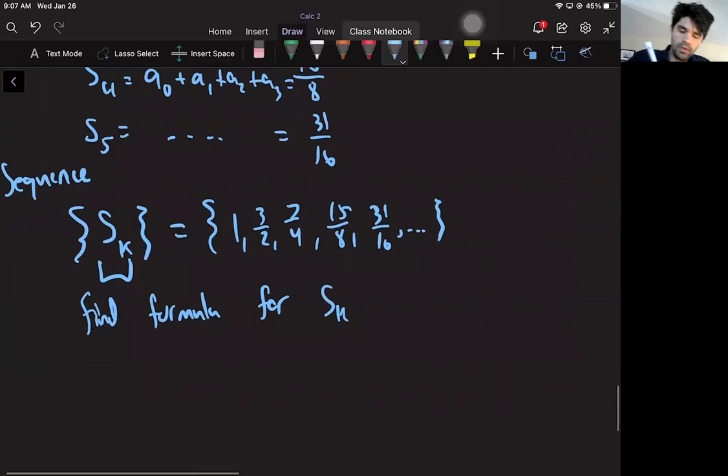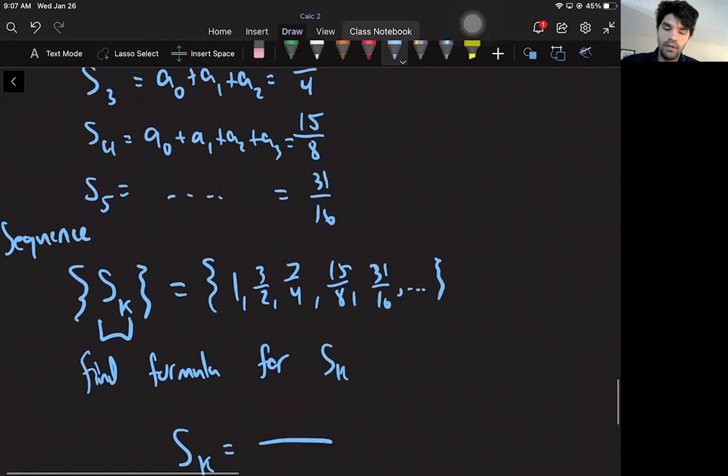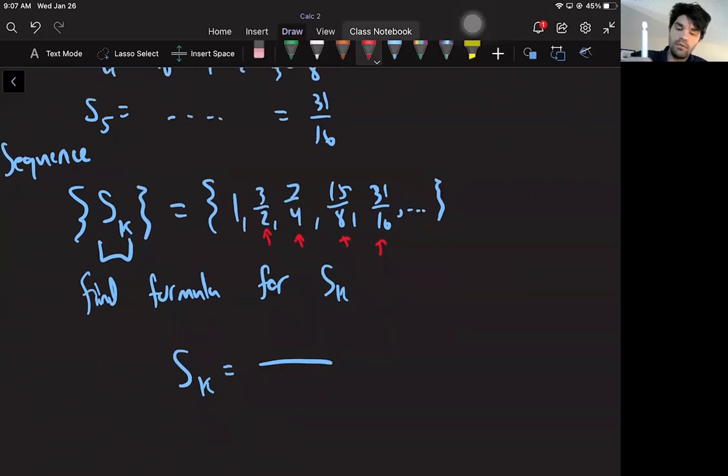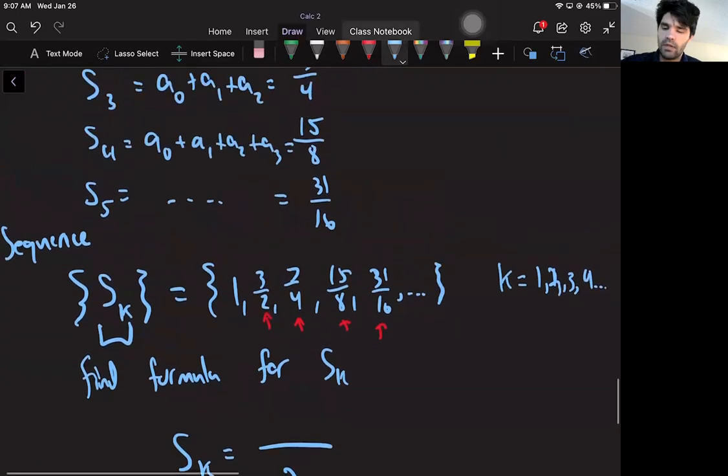So this one's a bit hard to see, but what it really is on the top, or well, the bottom is not so bad. These are just powers of 2, 2, 4, 8, 16. So these are just powers of 2. If I start counting at 0, well, actually, no, I guess I start counting at 1, because K stands for how many things I added up.